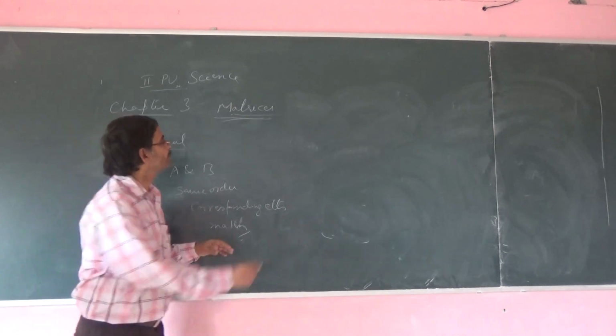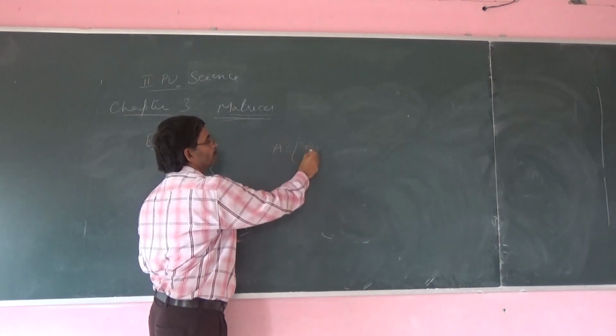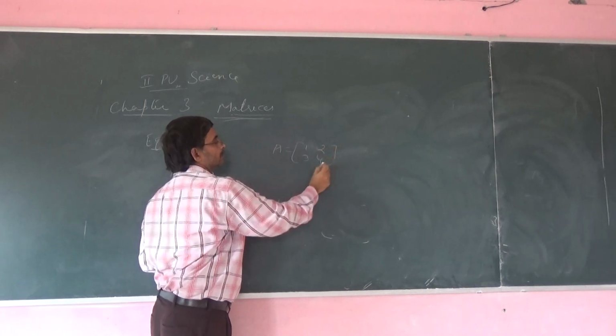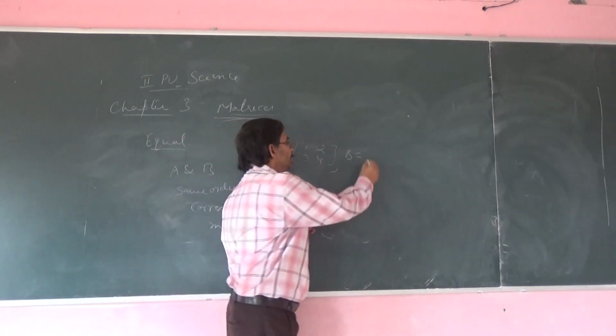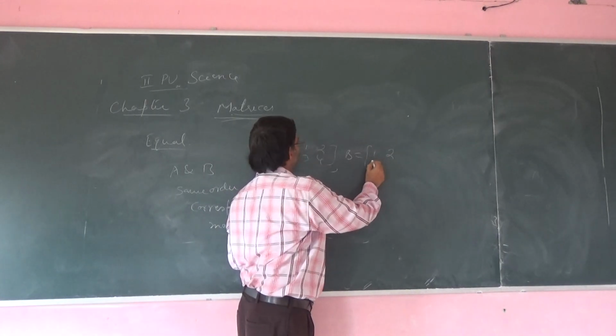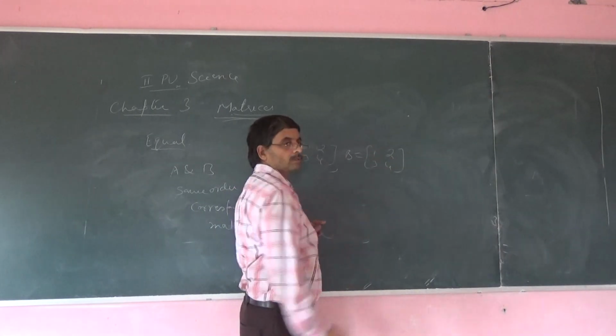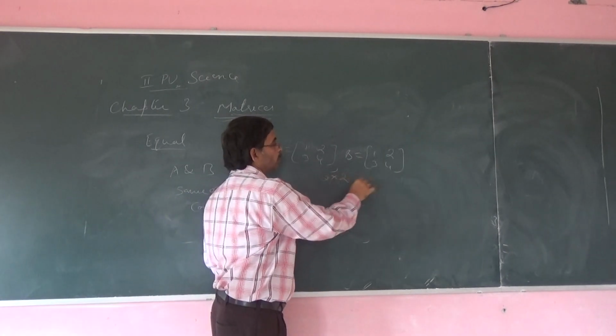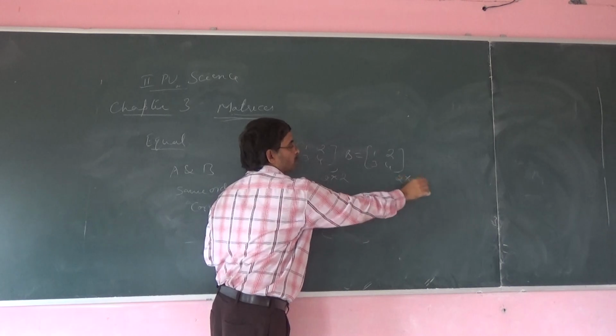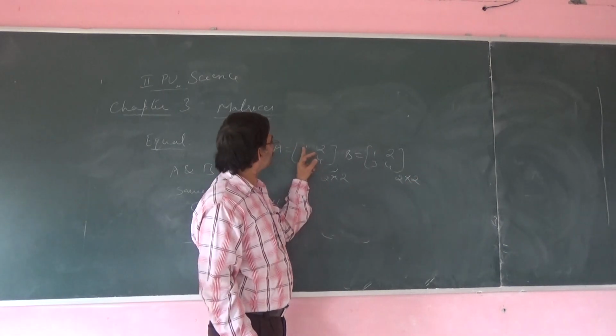One example: A equal to [1 2; 3 4], B equal to, again I write [1 2; 3 4]. So observe here, both are of order 2 by 2. 2 rows, 2 columns. What about the corresponding elements?